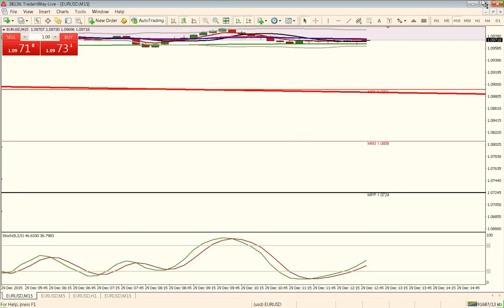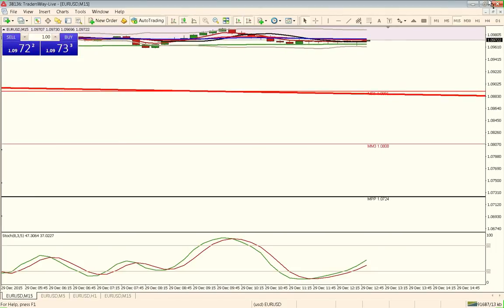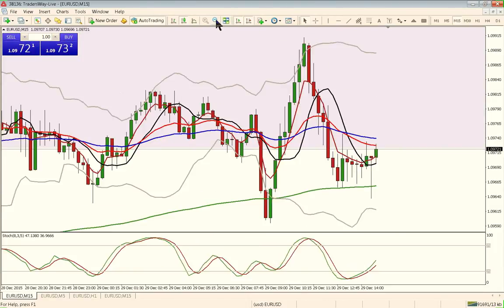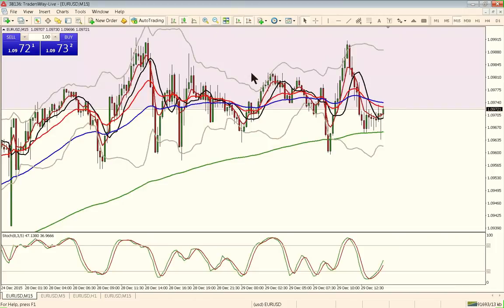I should have just changed charts, but I just had it drawn. There we go. Okay, so based on your analysis of long-term charts, this gray area above us is the place where you want to sell. So what do you look for here?